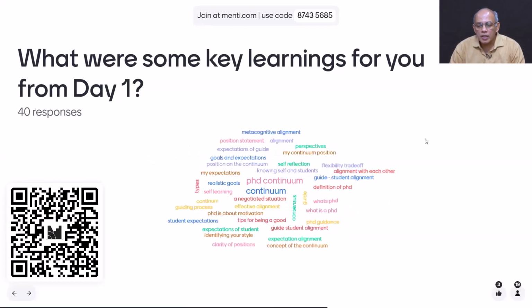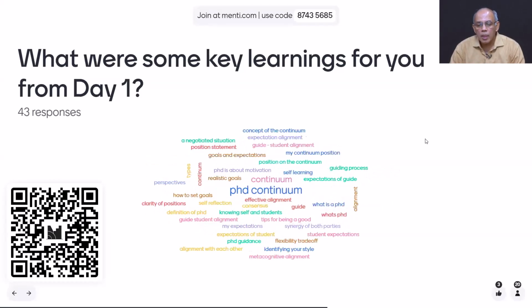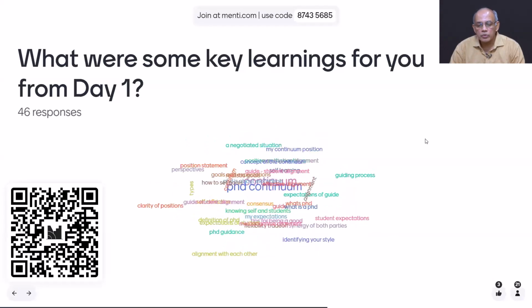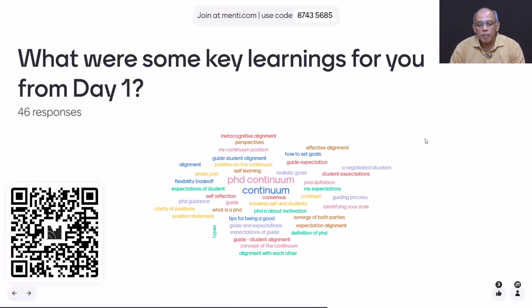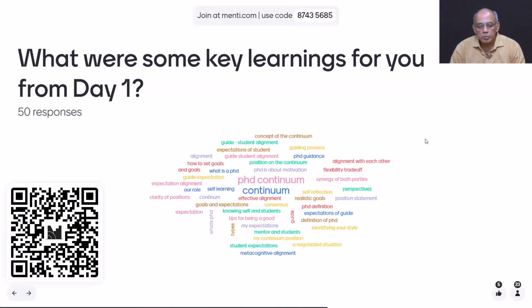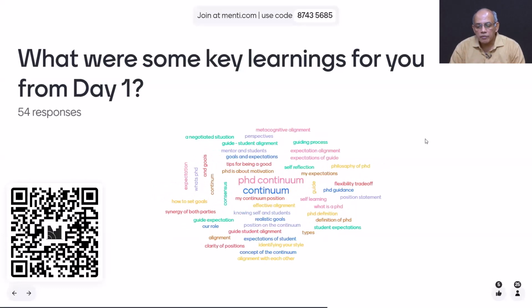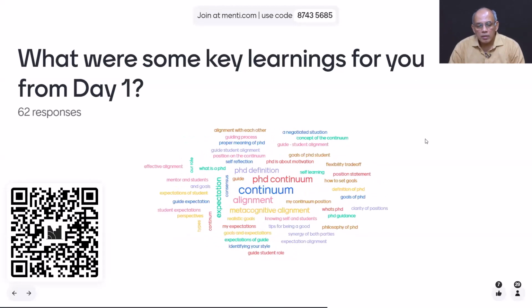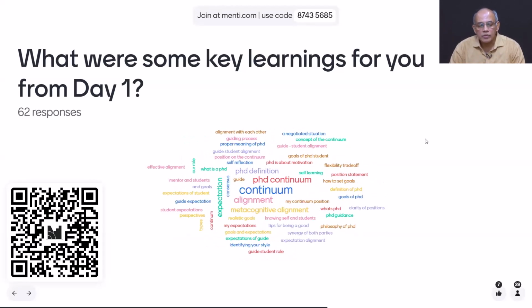Definition of PhD, realistic goals, my position on the continuum, metacognitive alignment, synergy of both parties, identifying your style. Okay, we have kind of stabilized at 60 responses from 30 people.